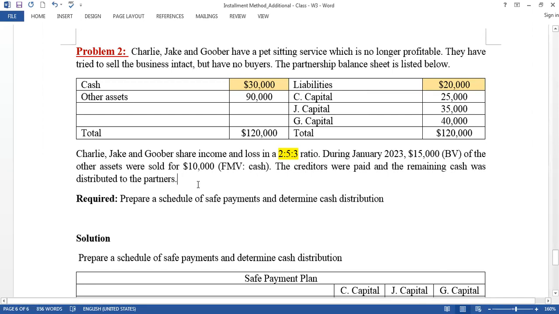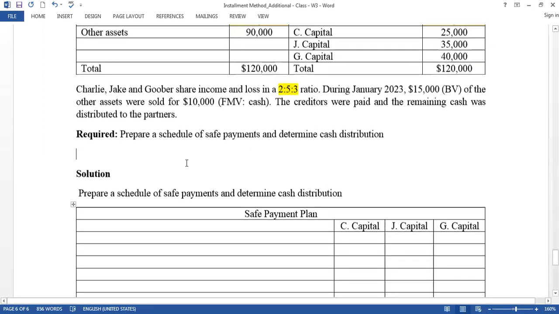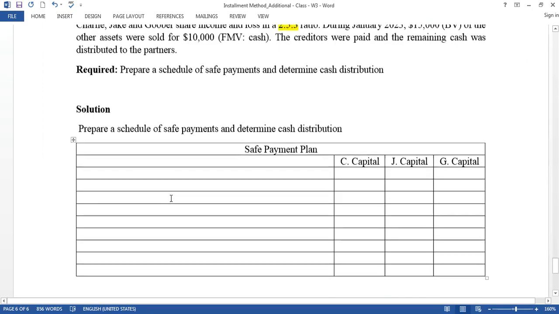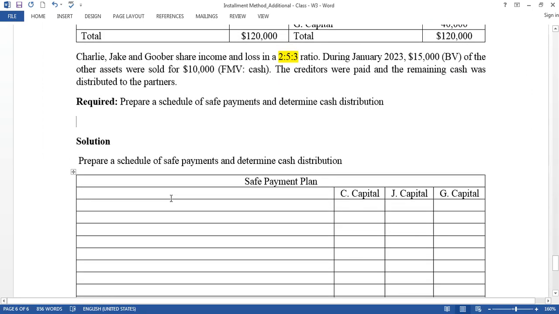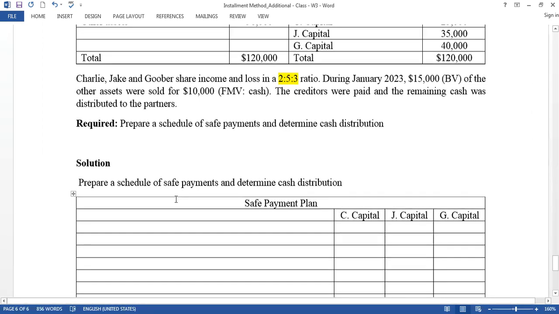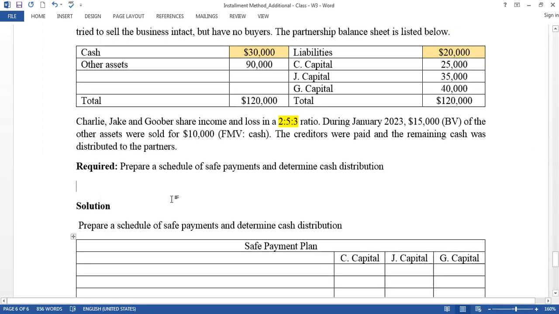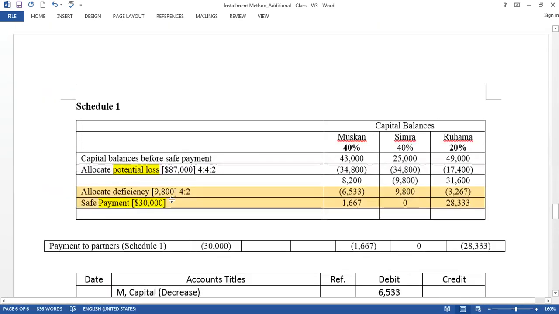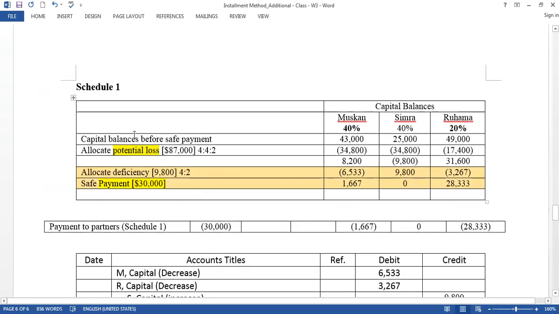Prepare a safe payment schedule and determine the cash distribution. So this question only talks about preparing the safe payment schedule, not the whole schedule for the payment. That means we are just going to prepare a schedule.